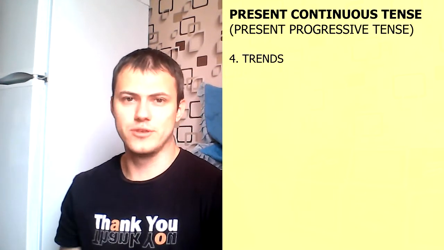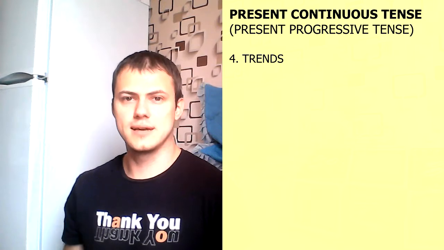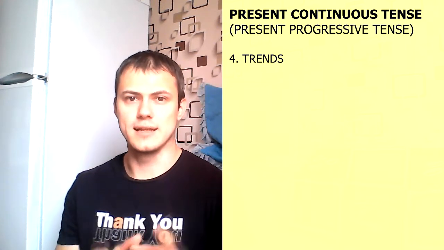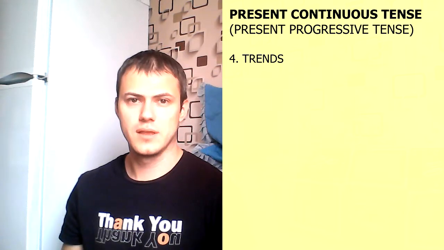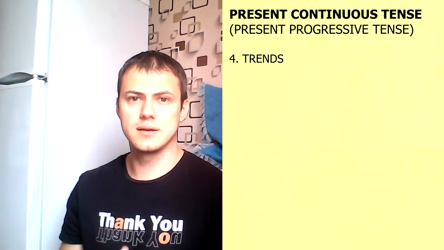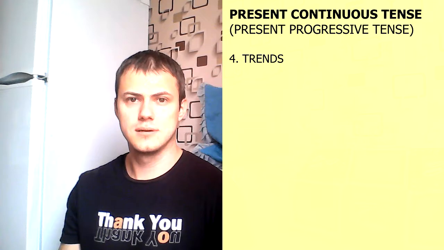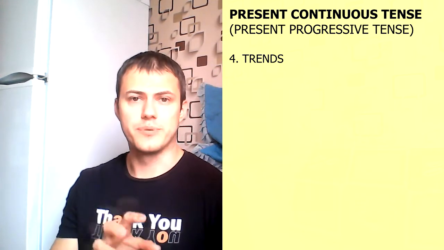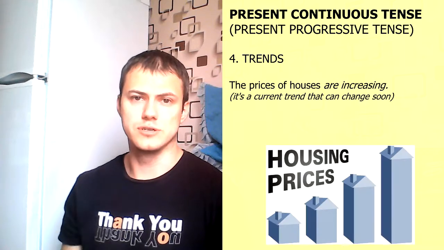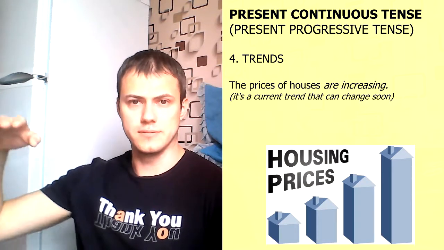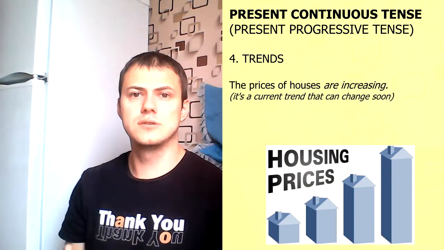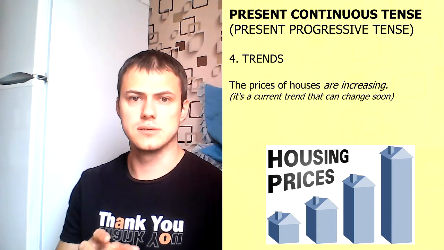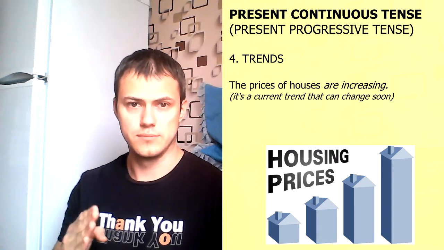The fourth usage of the present continuous tense is trends, situations where something tends to change. For example, the prices of houses are increasing. This situation is happening now. The prices are increasing.